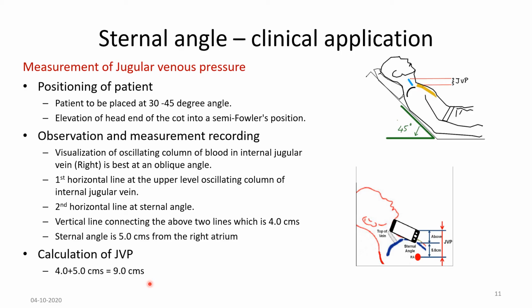Now you have understood the importance of the sternal angle, how to feel for the sternal angle, the various anatomical events that take place at the sternal angle, and its clinical application.